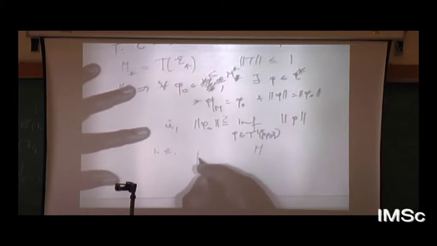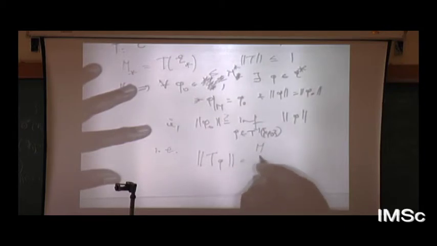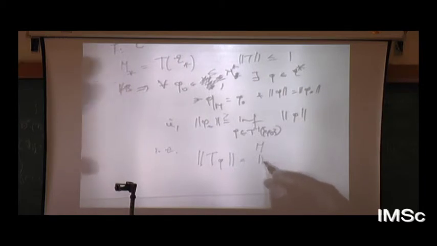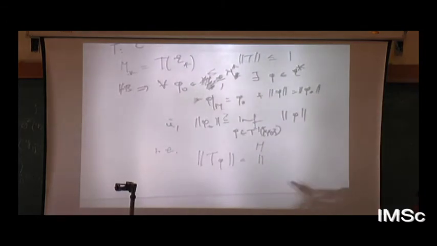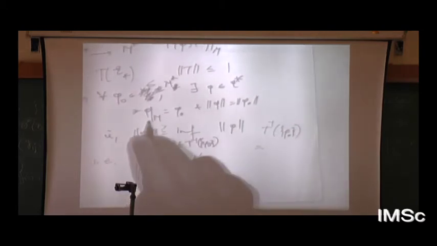Okay, so one has this, that is, norm of T phi equal to norm of, okay, what is T inverse of phi naught? See, suppose T phi equals phi naught.